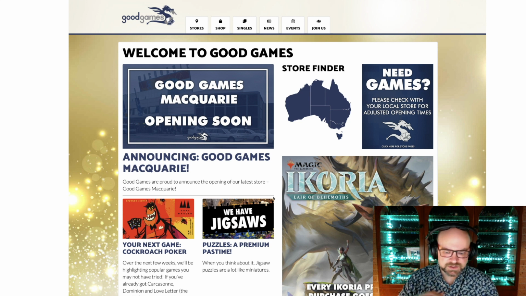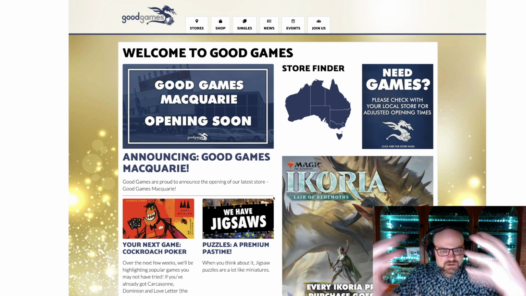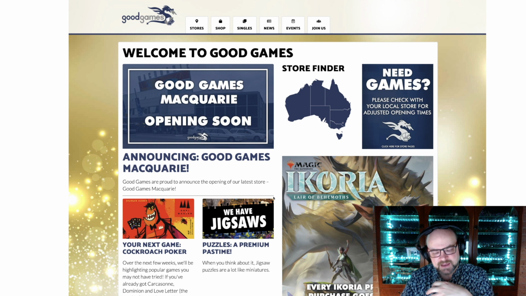Good Game is probably one of the most powerful retailers in Australia because they can buy a certain amount of product from companies like Aetherworks and set the regular retail price for that. That's why if you go online and start comparing board game or tabletop games between different retailers in Australia, you will see some stores are able to offer a more significant discount, and that is because of the bulk they are able to purchase and distribute amongst their stores.